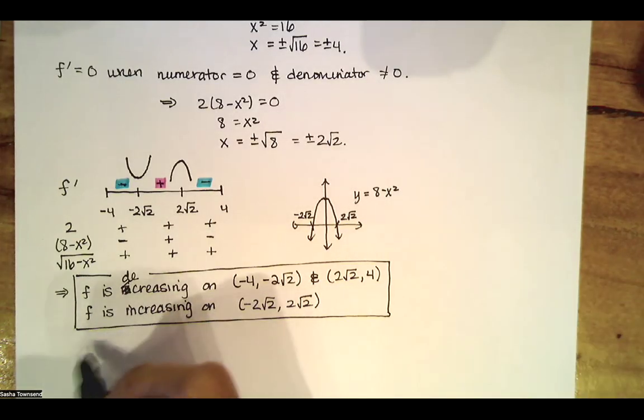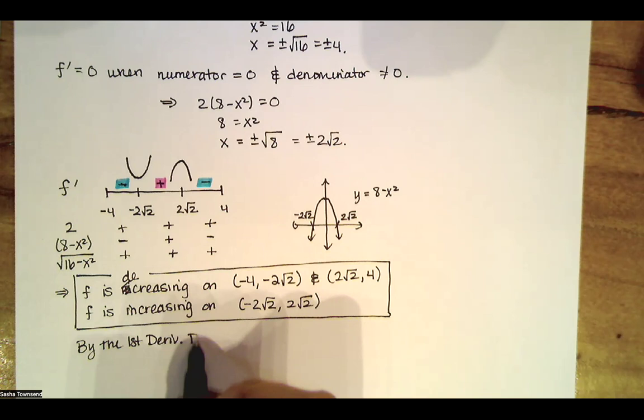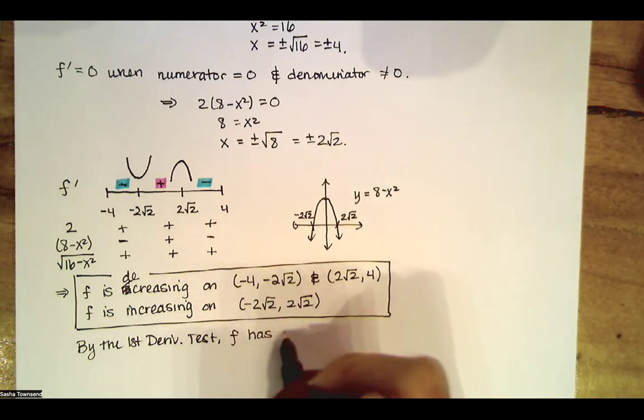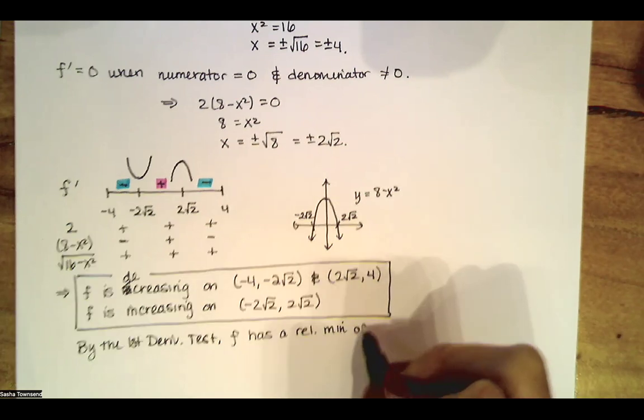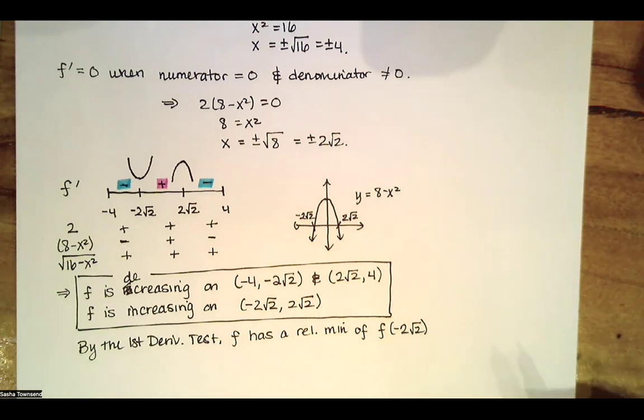So say that by the first derivative test, f has a relative min of f of negative 2 square root of 2, which is some value. I don't know what it is.